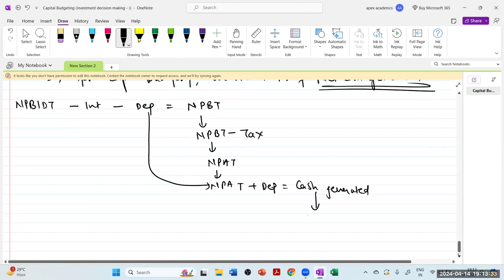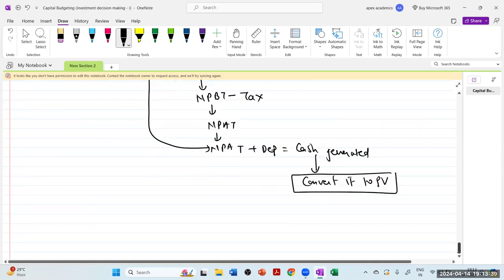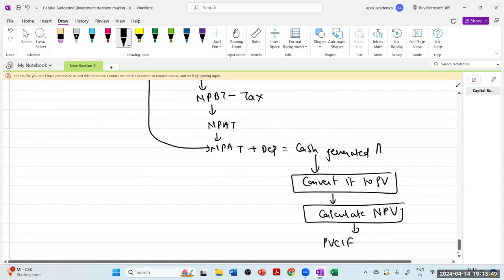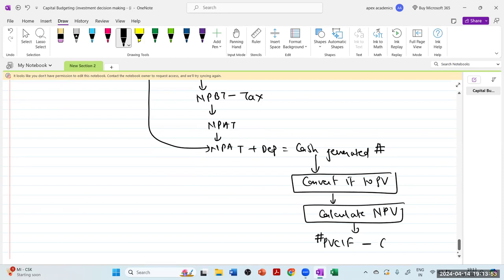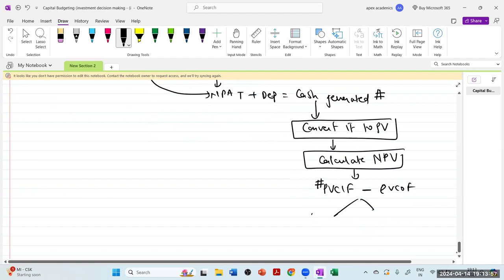This cash generated, you will convert it to present value. Once this is converted to present value, you will calculate net present value. What is net present value? Present value of cash inflow, that is cash generated, minus present value of cash outflow. In this, you will get NPV.